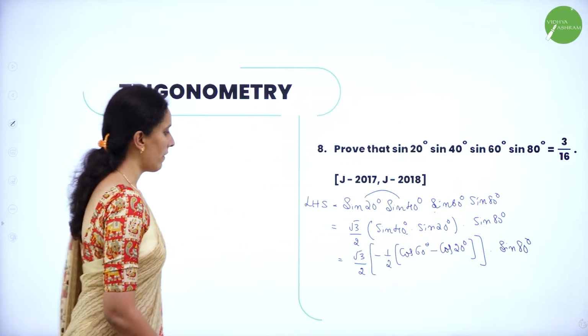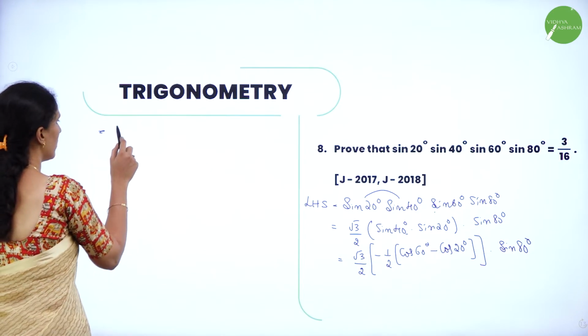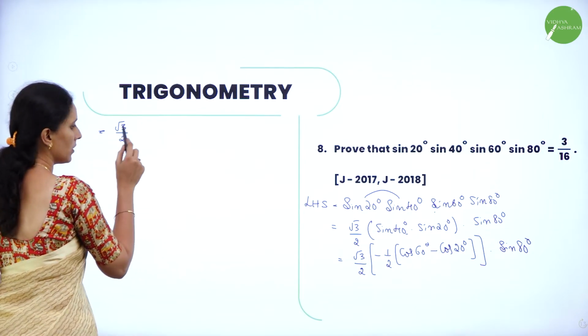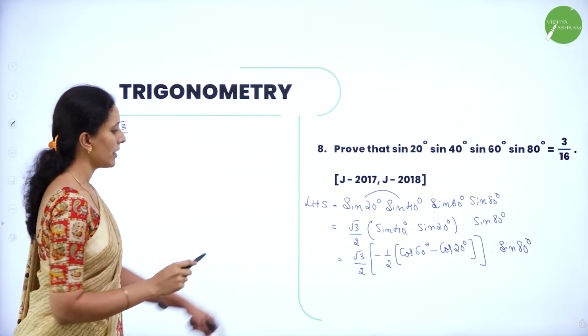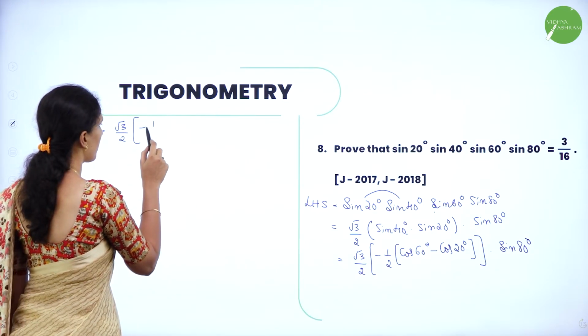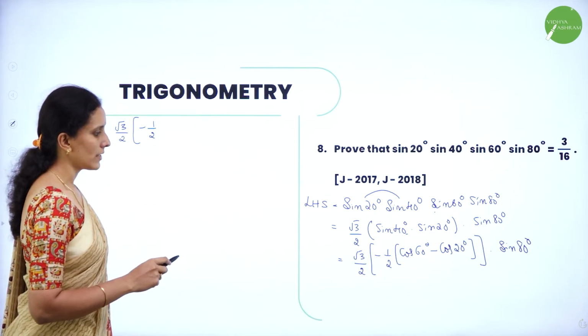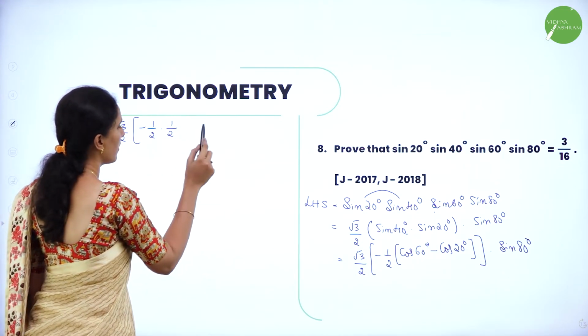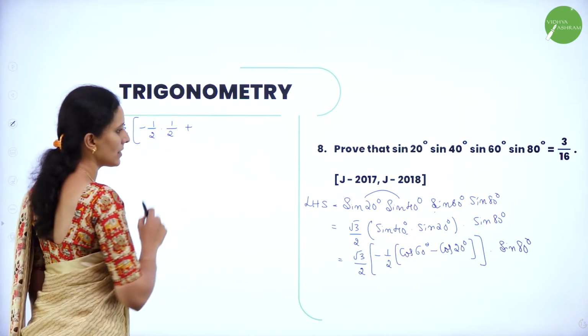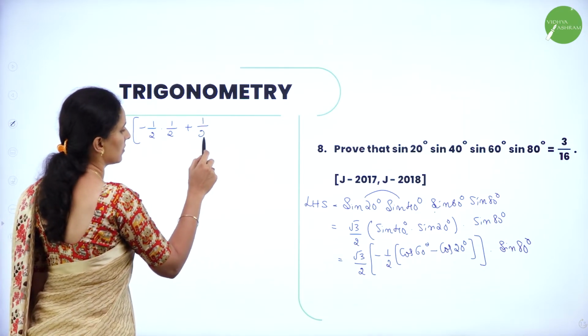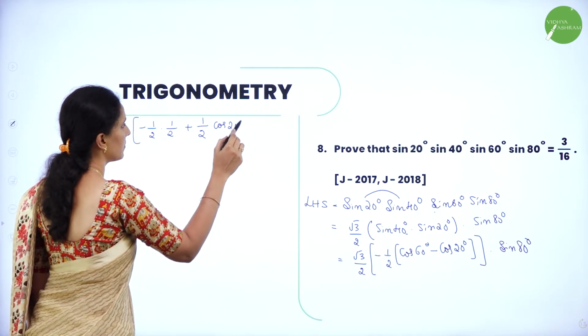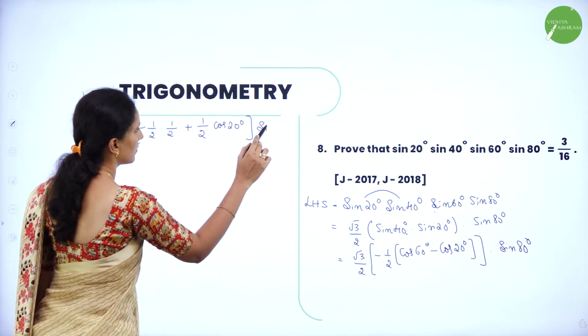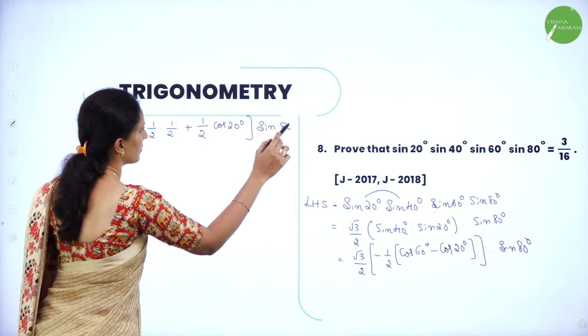Now multiply the values here. We have root 3 by 2 and minus half, multiplied with cos 60. Cos 60 is 1 by 2. Next we have minus into minus, plus half cos 20 degrees sin 80 degrees.